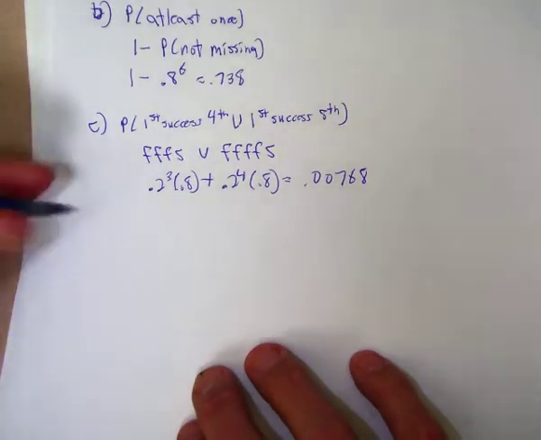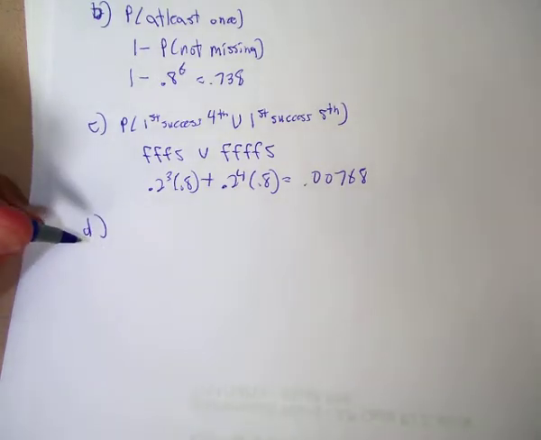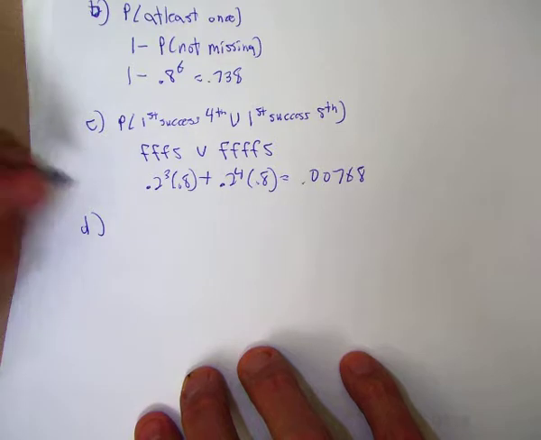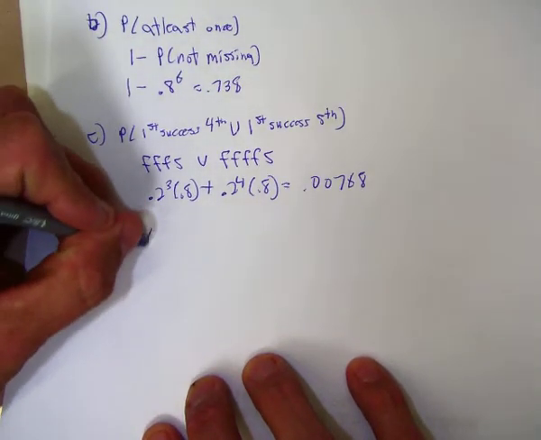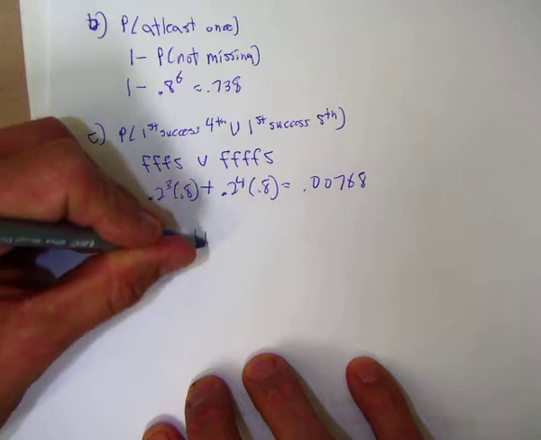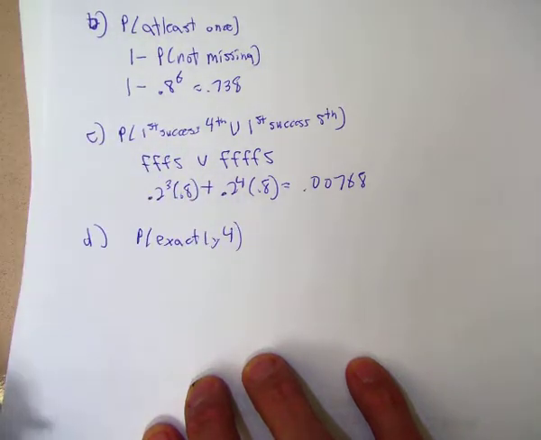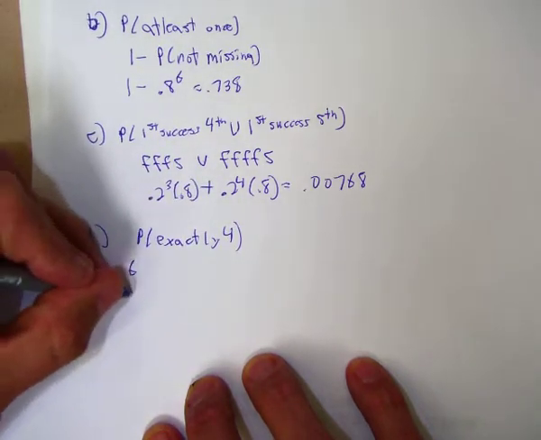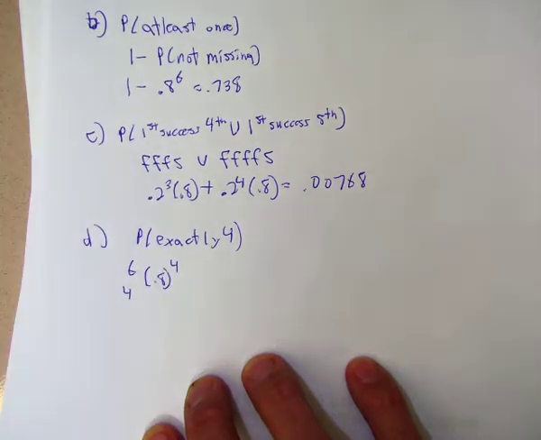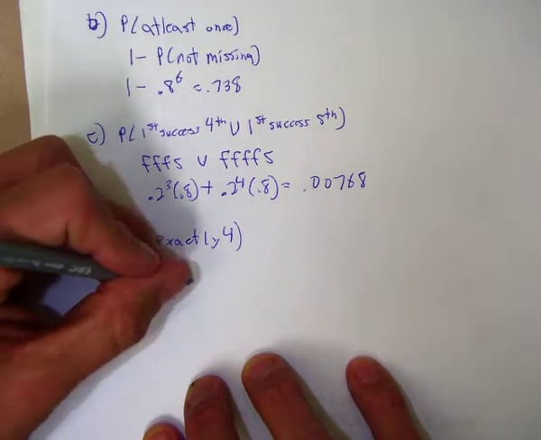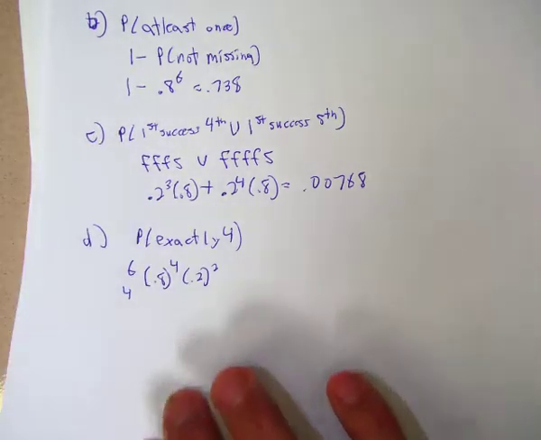Okay. Part D, she gets exactly 4 bullseyes out of 6. Okay, so 4 bullseyes out of 6. The probability of exactly 4 bullseyes out of 6 is 6 choose 4, 0.8 to the 4th, 0.2 squared.